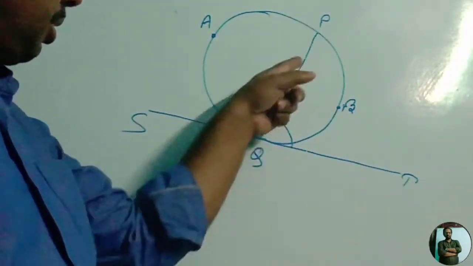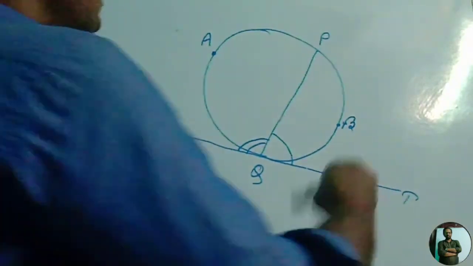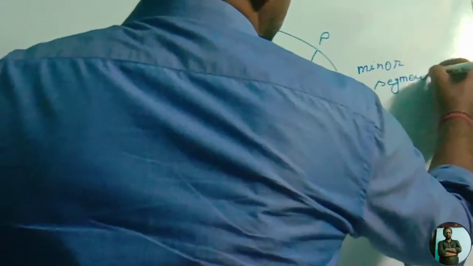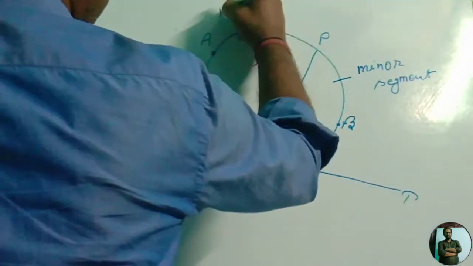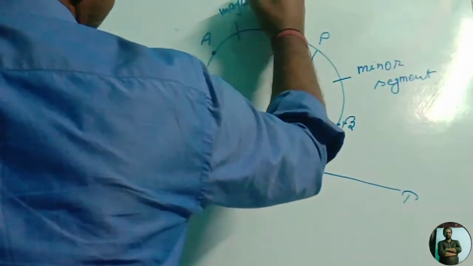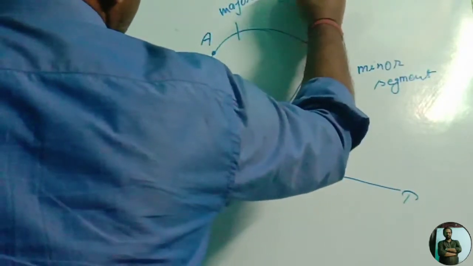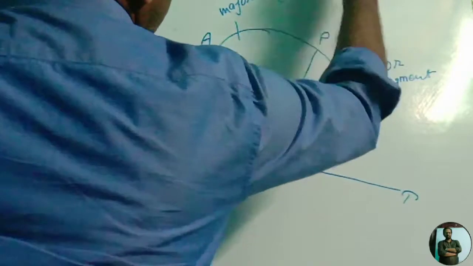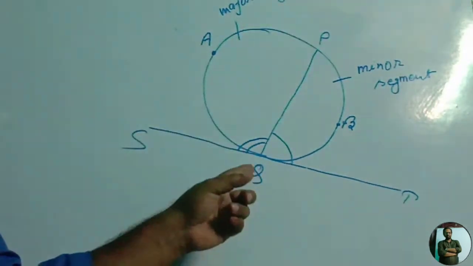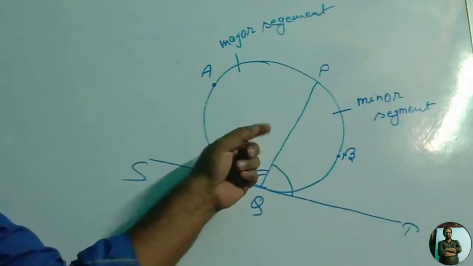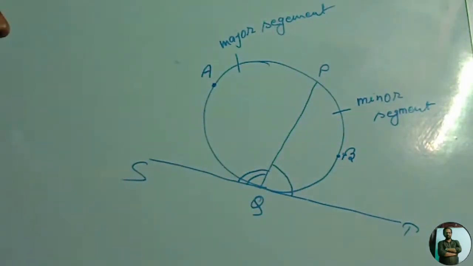PBQ is minor segment and PQA is major segment. For angle PQT, this segment PAQ is alternate segment.